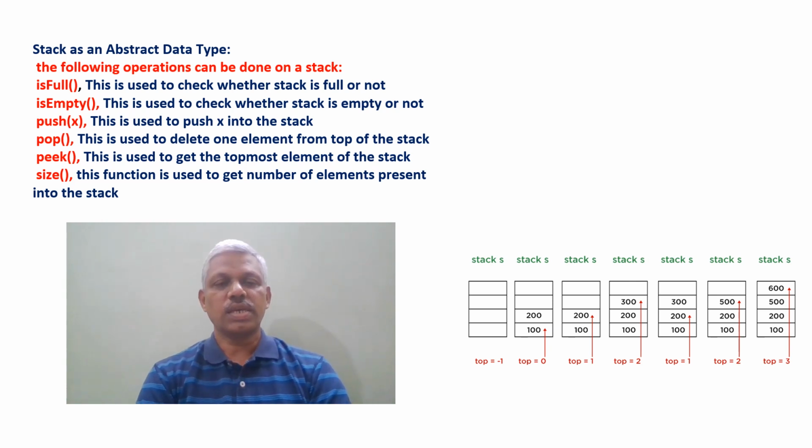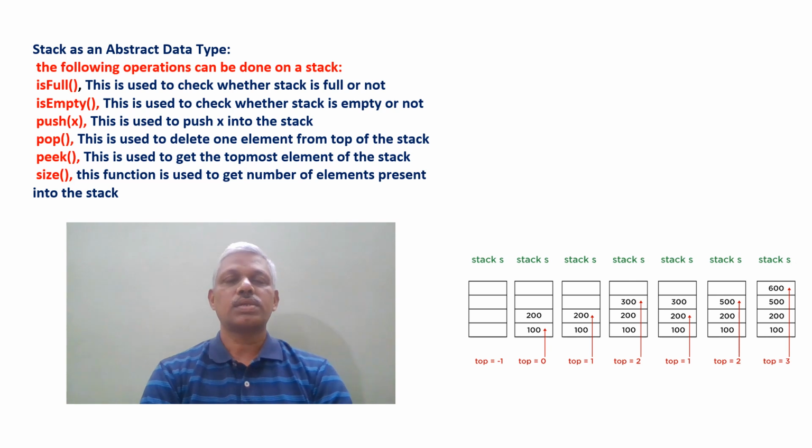For the sake of understanding, the stack is visualized here. In the first position, top is taken as -1. When the first element is inserted as 100, top becomes 0. The array consists of 4 elements, so 0, 1, 2, 3 are the locations of the array.